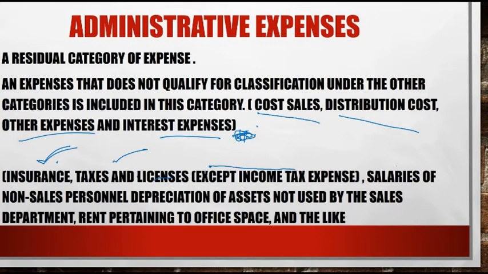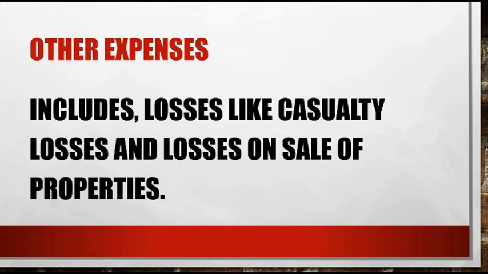Gumagawa yan, BIR. Salaries ng non-sales personnel. Ibig sabihin, salaries ng mga tagagawa ng paper. Depreciation of asset not used by the sales department, and rent pertaining to the office space, and then like. So, yun yung dalawang pinaghahatian nila. The distribution and the administrative expense.